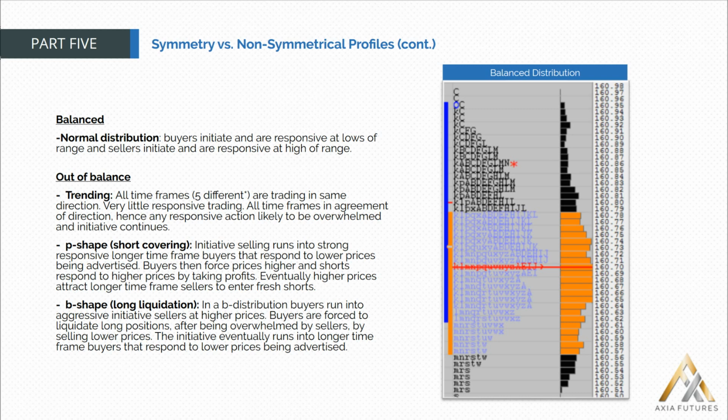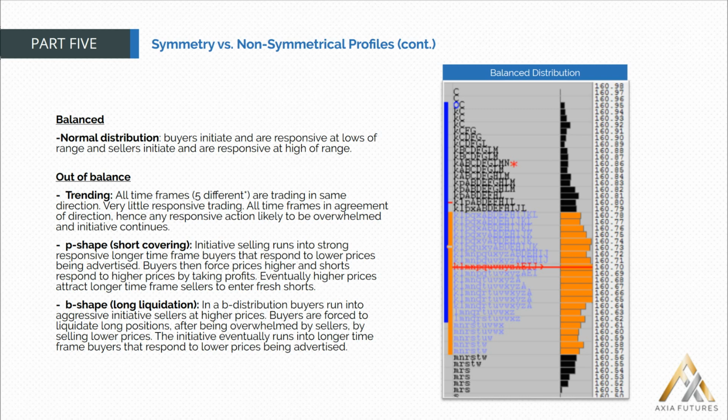Note then, another type of out of balance shape is what we call a P shape, also known as short covering. Short covering is where the shorts cover their positions by buying out of those positions. Now note, with initiative selling, the shorts run into strong responsive long time frame buyers. These buyers are responding to lower prices being advertised.